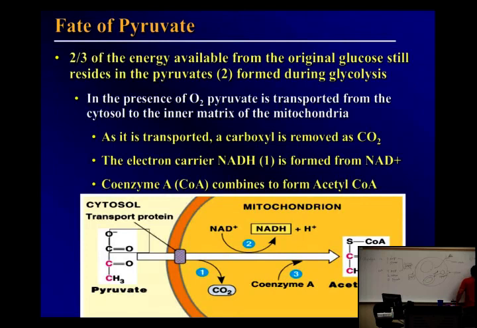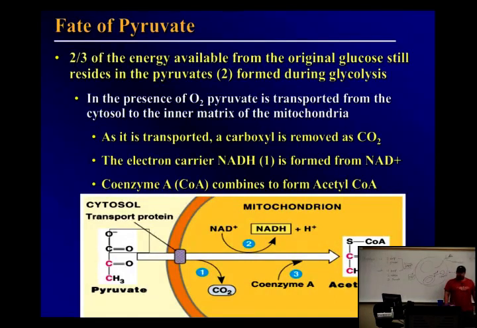All right, so what goes in here? Is that why glycolysis only makes 2 ATP? No, because if you're not breathing, you get to keep those 2 ATP. Pyruvate only gets transported into the mitochondria in the presence of oxygen.